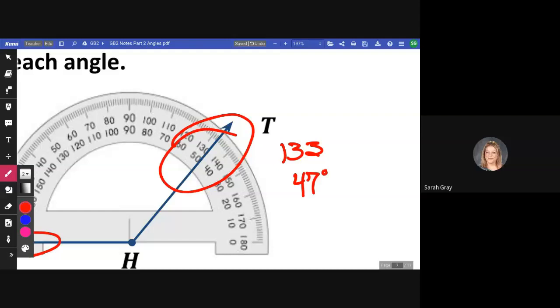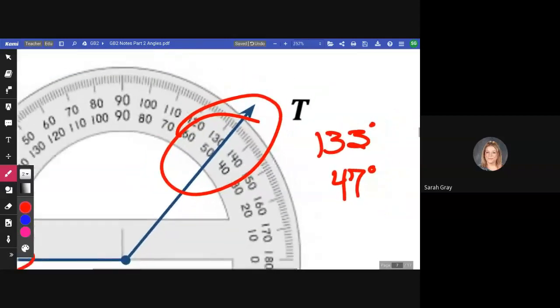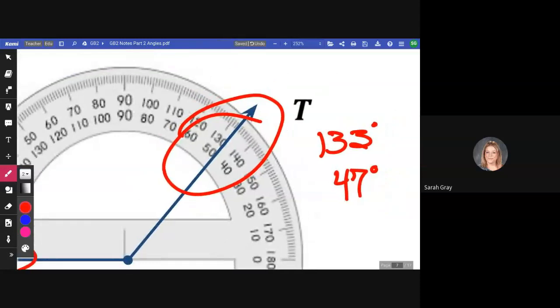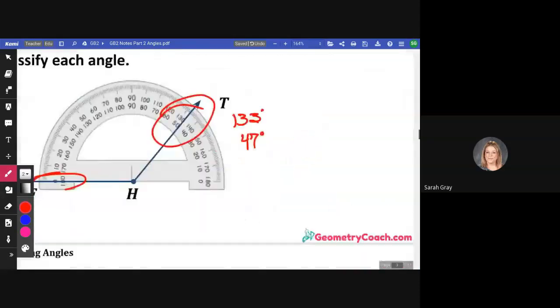And then again, go and look at the whole angle and decide, is it acute or is it obtuse? Since it's obtuse, we need to pick the number that is greater than 90.